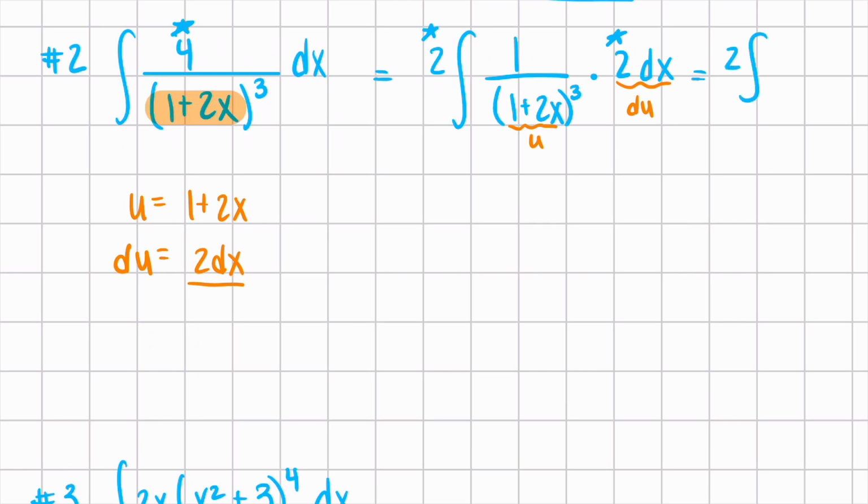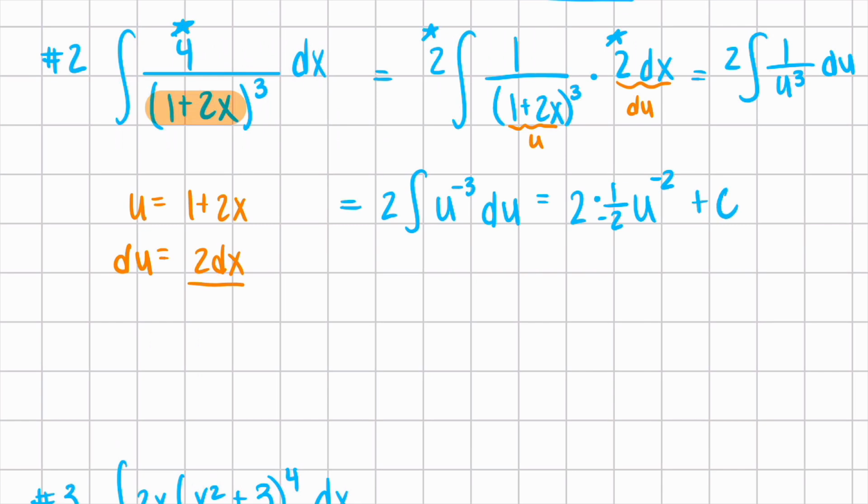So I'm going to have 1 over u cubed du. Now to make my integration even easier, I want to write this as u to the negative third du, and when I integrate it, add 1 and then multiply, we get negative, the 2's cancel, but I still have the negative.